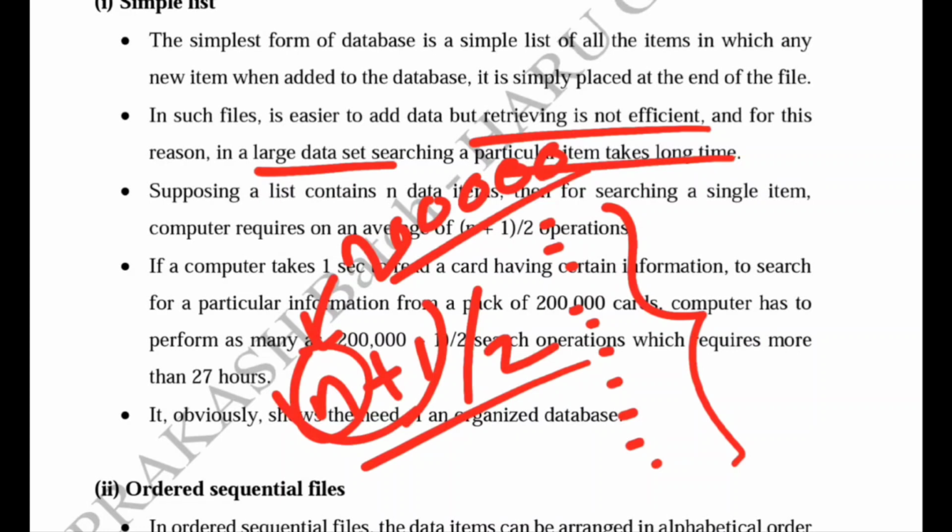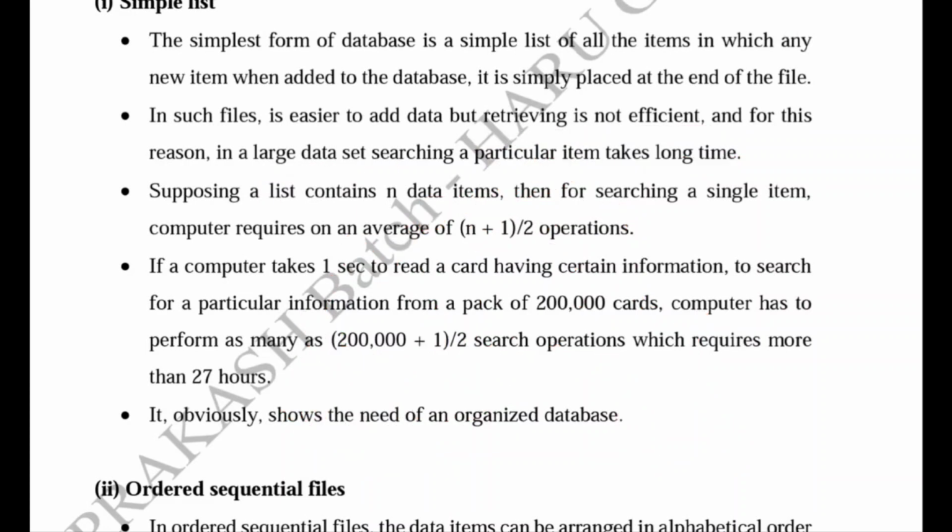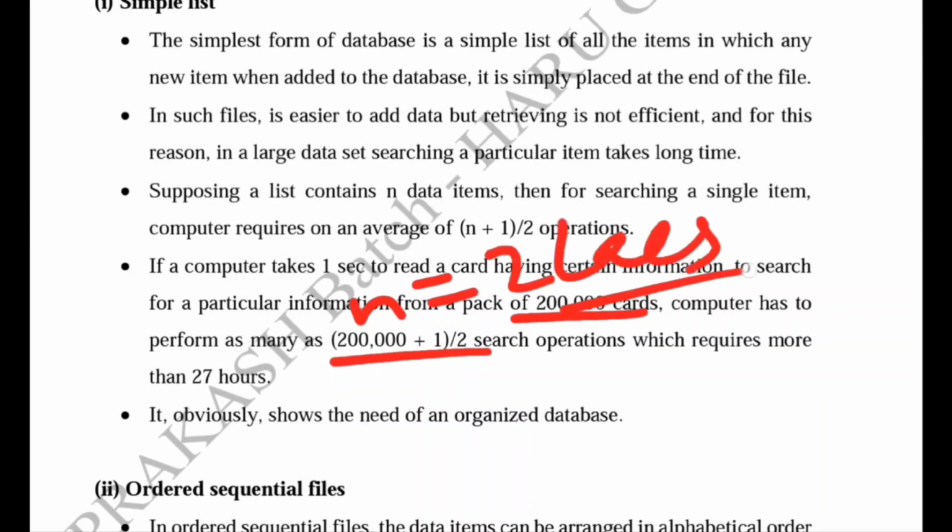If we assume that one second is required for one operation, 2 million data takes a much longer time. Here the example taken is 2 lakh cards, so it requires (2 lakh + 1)/2 search operations.